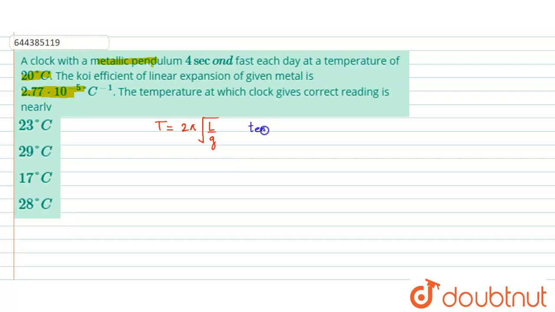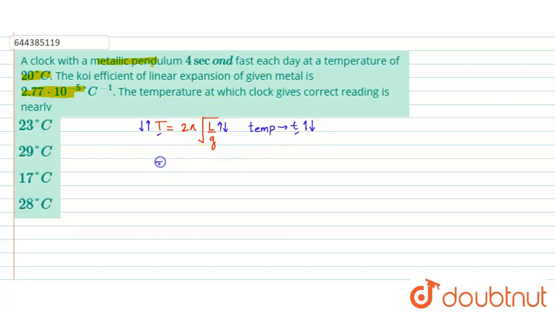If small t increases or decreases, the length will increase or decrease, and so the time period may increase or decrease. That simply means that the time period is related to the temperature. So let us find the relationship which relates the time period of a pendulum with its temperature.